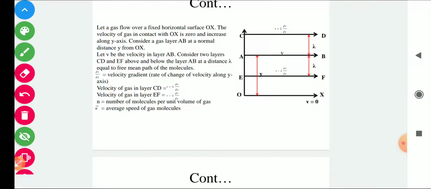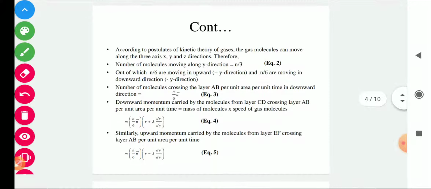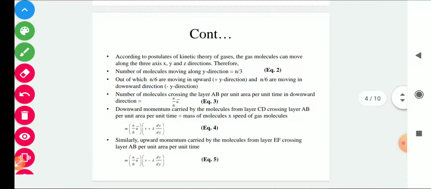So the upward momentum carried by the molecules from layer EF crossing layer AB per unit area per unit time will be equal to this, which is the mass of the molecules crossing this layer times the velocity of layer EF. So it will give the total momentum.